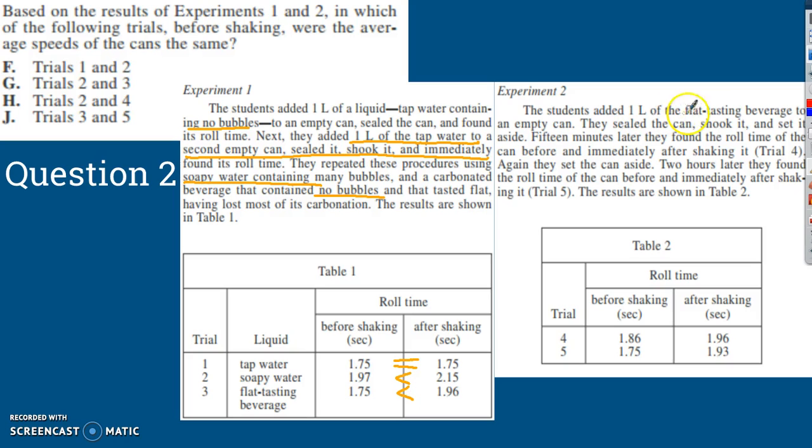Look at experiment 2. The students added 1 liter of the flat tasting beverage to an empty can. They sealed the can, shook it, and set it aside. 15 minutes later, they found the roll time. So this one was after 15 minutes, and this one was immediately.